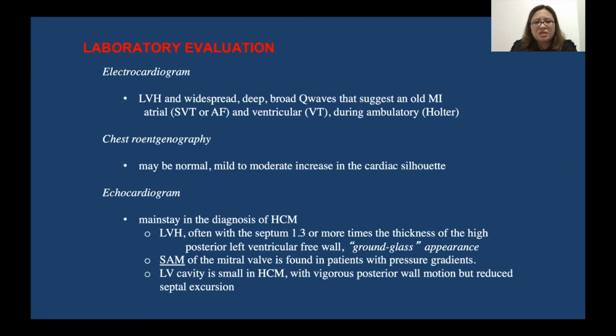You can see left ventricular hypertrophy wherein the septum is 1.3 or more times the thickness of the posterior left ventricular free wall. There is also a ground glass appearance, and sometimes an associated systolic anterior motion of the mitral valve in patients with significant pressure gradients. The LV cavity is typically small or obliterated with a vigorous posterior wall motion but reduced septal excursion.